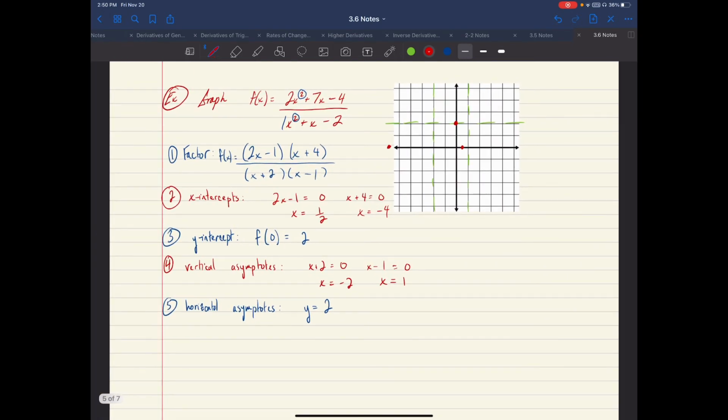What we have to do is take our original function. So I'm going to draw a rectangle around, not the original, this one. This is going to be the easiest form to check around the asymptotes. So we have to plug in numbers close to the asymptote value, but not the actual value. So let's look at x equals 1.